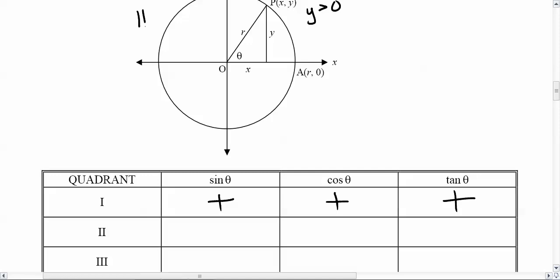In quadrant number 2, if we have an angle theta that takes us into quadrant number 2, to make a triangle you go from the terminal arm to the nearest x-axis. So the y-coordinate is still positive, but here the x-coordinate is negative. We're on the negative side of the x-axis. So that means anything that has x in it is going to be negative.